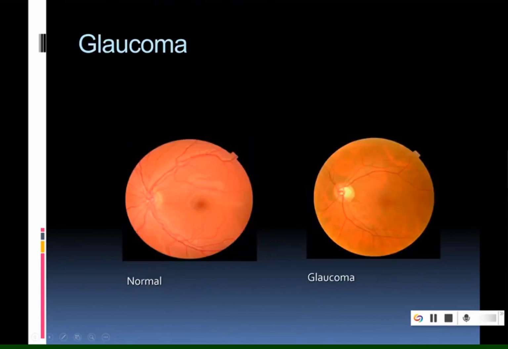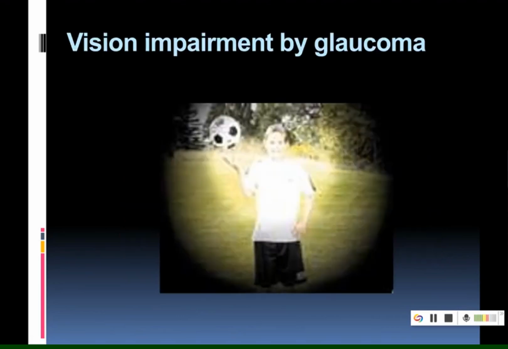With glaucoma, you can see on the retinal exam the increased cup to disc ratio and the so-called nasalization of blood vessels. You can see here that there's visual impairment, basically peripheral vision is reduced substantially.